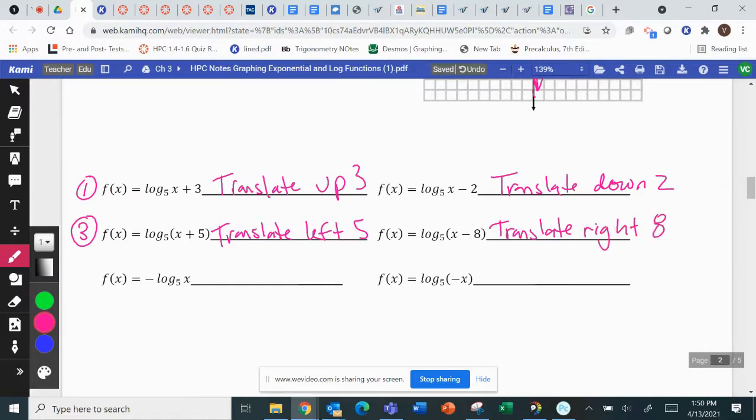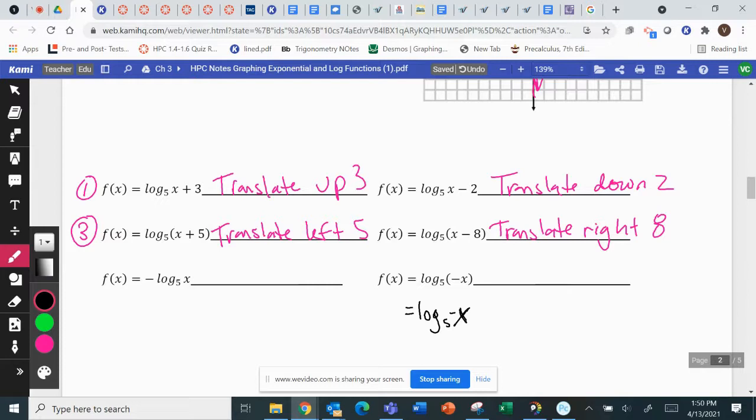And then with these two, again, we've got the parentheses telling me that. And you know what? This one doesn't necessarily need parentheses. Depending on which software or who's typing it up, it could look like this without parentheses, but it's the location of that negative sign. It's not in front of the log.